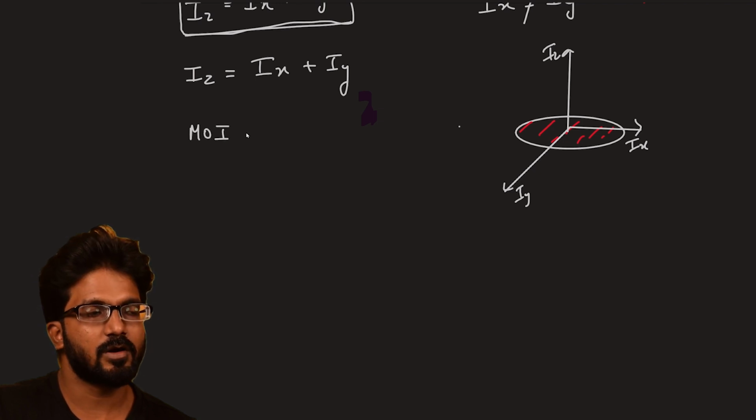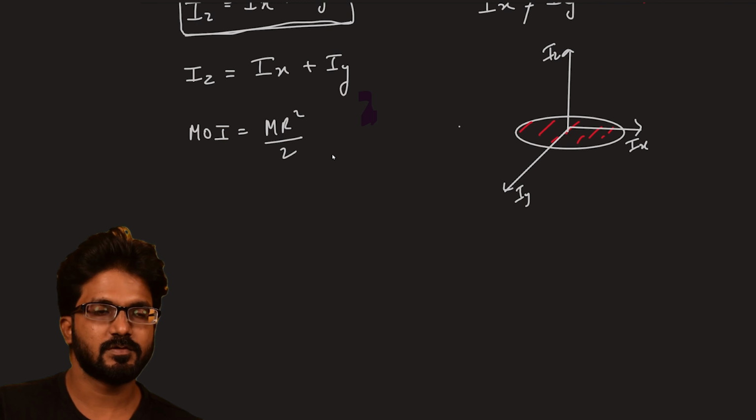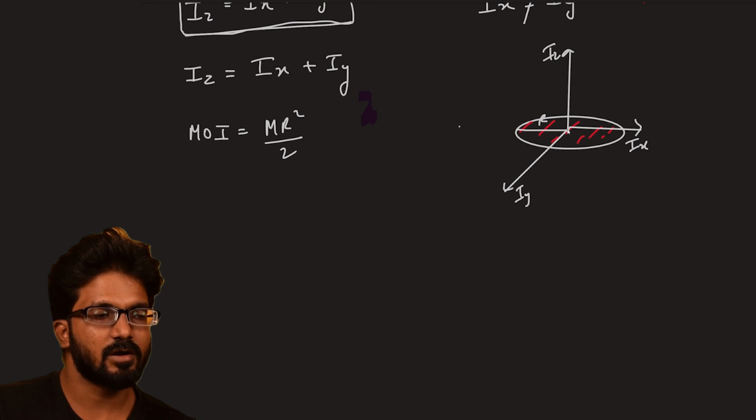We also know that the moment of inertia of a disk for an axis passing through its center is mr square by 2. This we know from the previous class, where r is the radius of this disk. This is a symmetrical object, so we can say that Ix is equal to Iy.